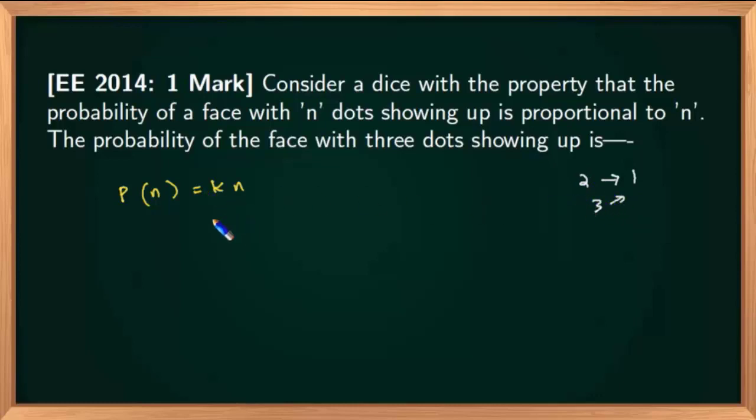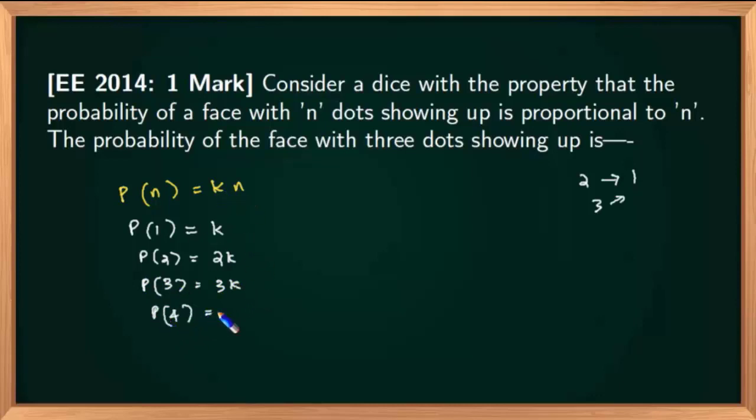Right. Now, the probability of getting a face with 1 will be k into 1, which is k. The probability of getting 2 will be k into 2, which is 2k. The probability of getting 3 will be 3k, because k is the constant of proportionality.